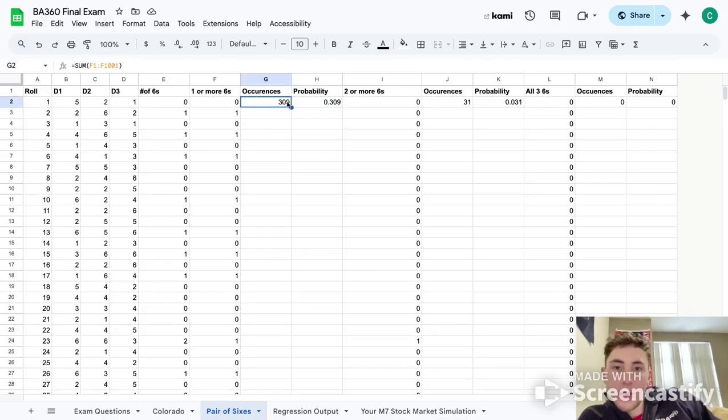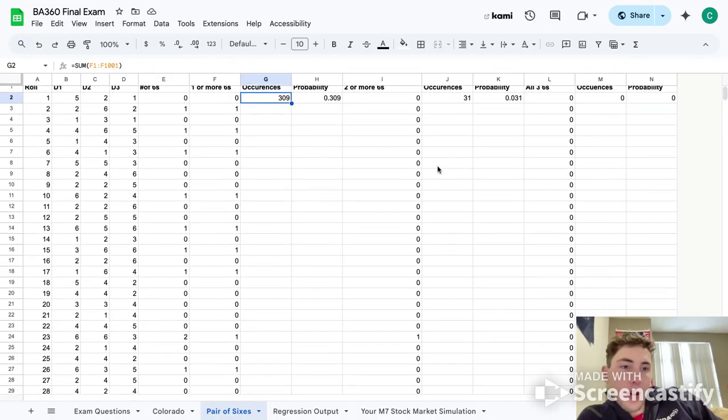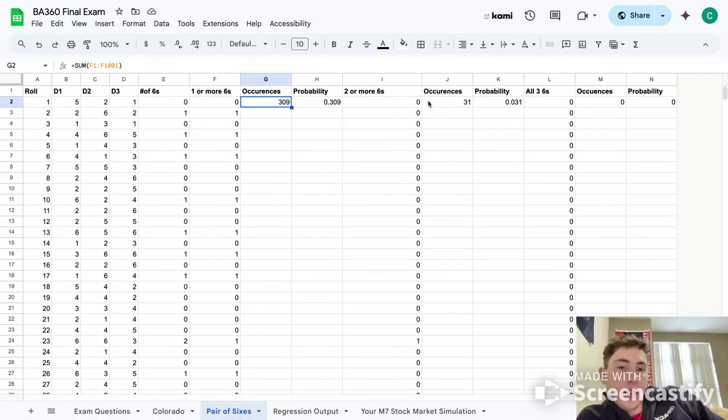I can't get it to re-roll right now for some reason, but other times I did it, it was way higher than this, but I guess we're on the low end right here. And then two or more sixes, same thing. I had E2 if it was greater than or equal to 2, 31 times for a probability of 3.1%.